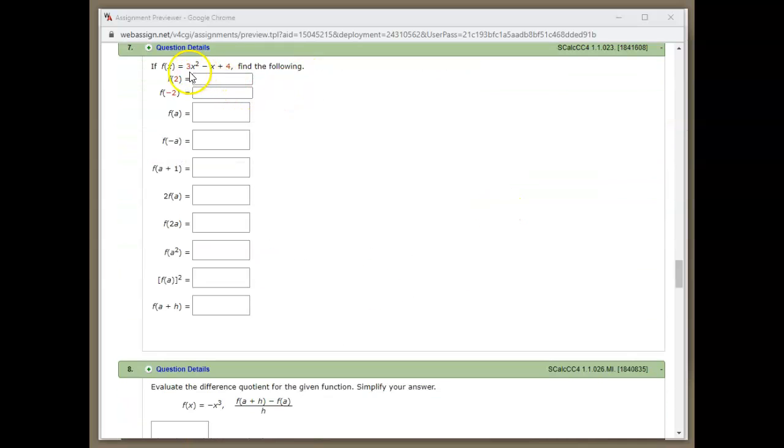Going to number 7, I can see that I've got a function here, 3x squared plus x plus 4. I can actually copy this function, Control-C, Control-V, and put some things in here. So this is to the exponent, so I put to the 2nd power minus x plus 2, so that'd be putting 2 in here.